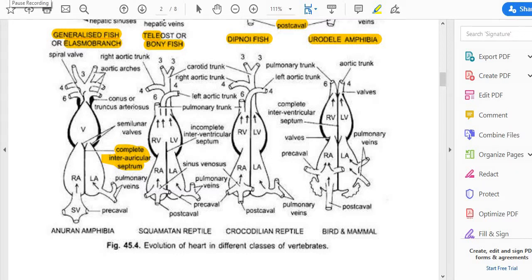The frog heart is three-chambered because the auricles are completely divided into two compartments, that is right and left auricle, and the ventricle is only one. That's why it is three-chambered.